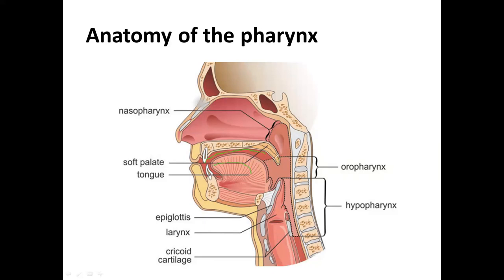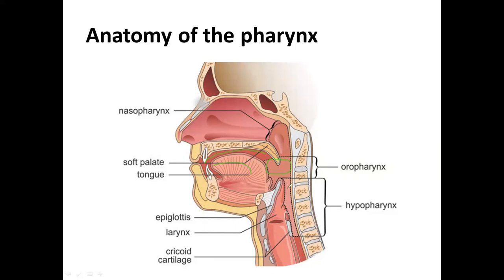Oropharynx, the anatomical area where it is adjacent to the oral cavity. Then the epiglottis, which is helping us to cover the larynx, where the airway starts.